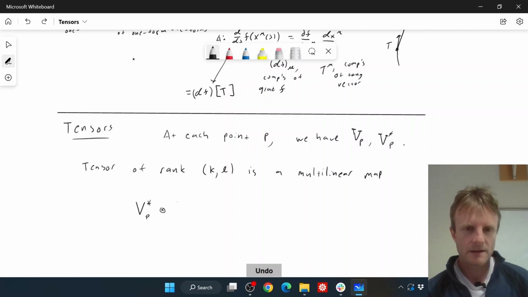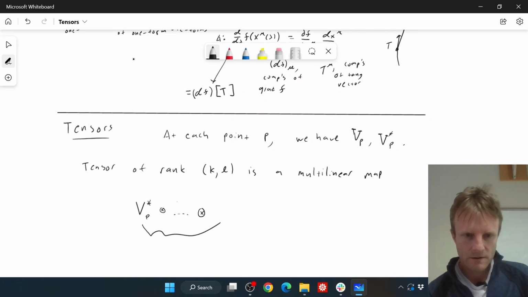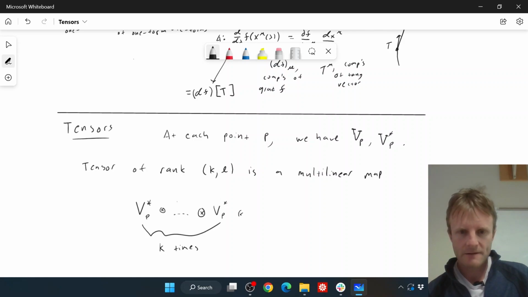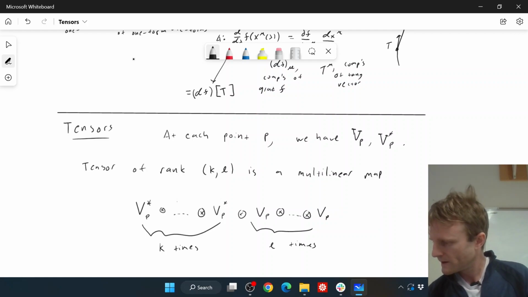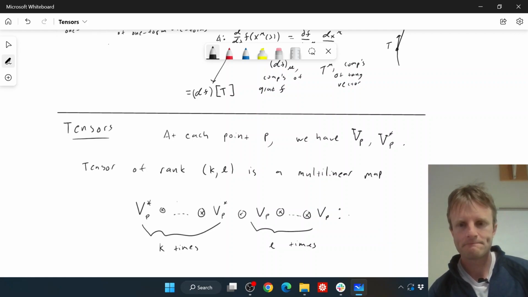And we need to do that with itself k times. So k times V star P, and then we also have slots for sticking in vectors, l times, and it goes to the real numbers.